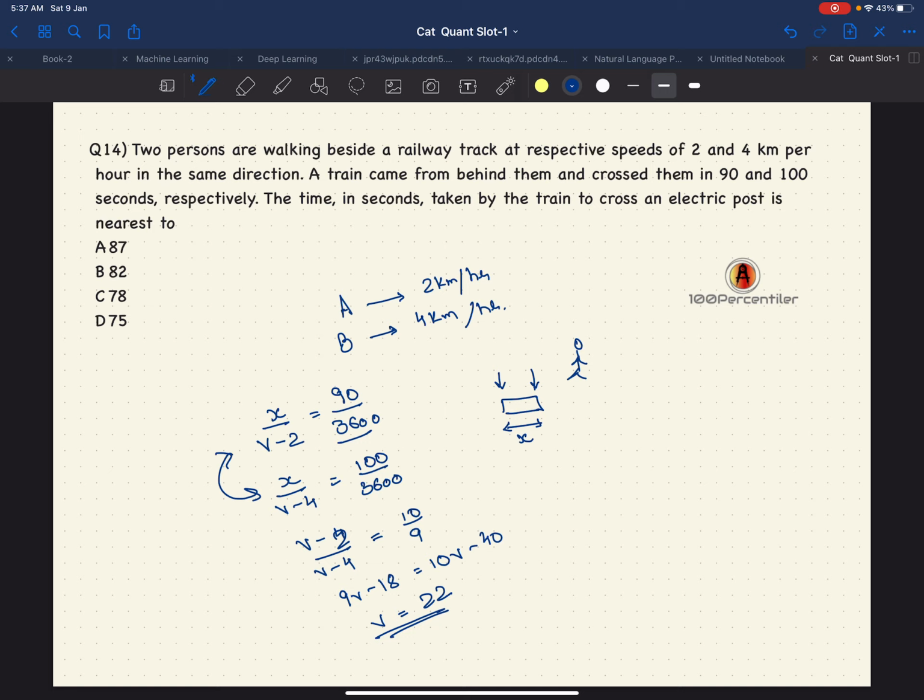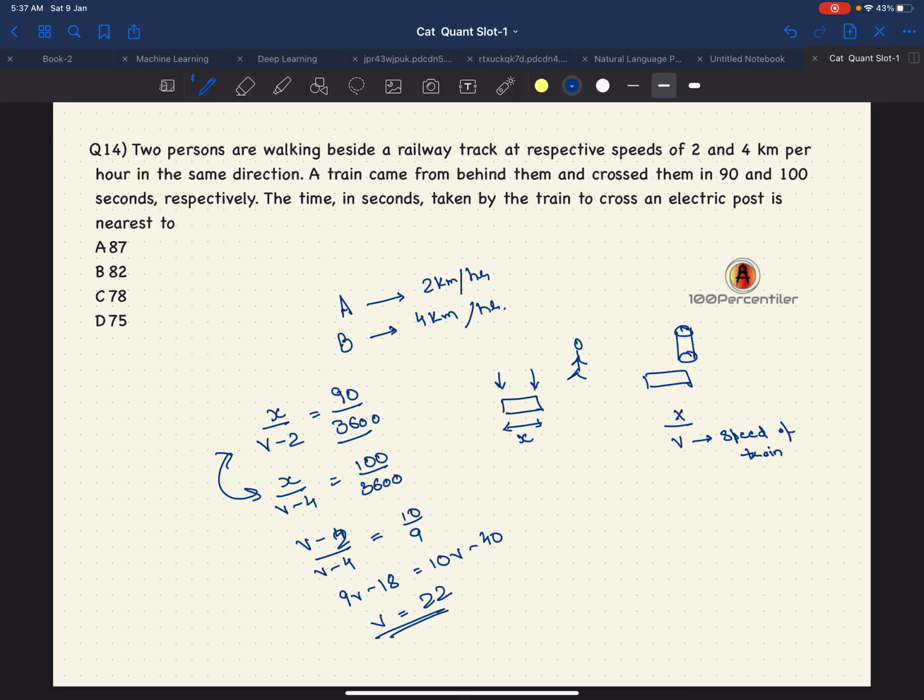Now what we have to find is the time taken by the train to cross an electric post. So the electric post is a non-moving post, and therefore the total time taken by the train to cross this electric post would be nothing but x upon v, where v is the speed of the train, because the speed of the pole is 0.